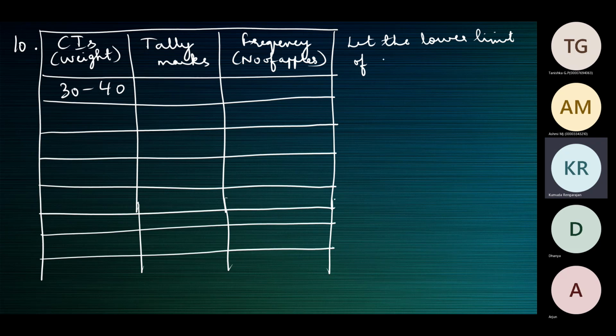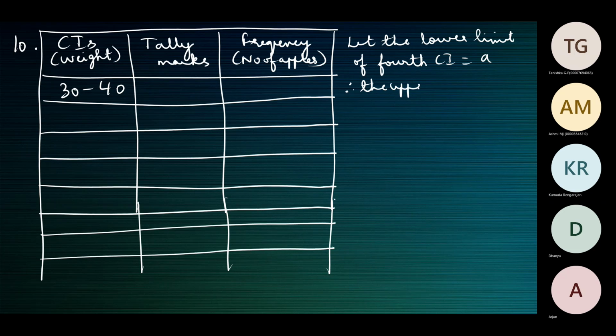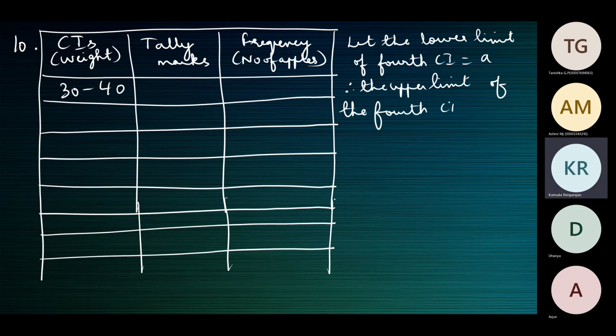So let the lower limit of the fourth class interval be A. Therefore, the upper limit of the fourth class interval will be how much? What is the class size? 10 grams. So what will be the upper limit? A plus 10.